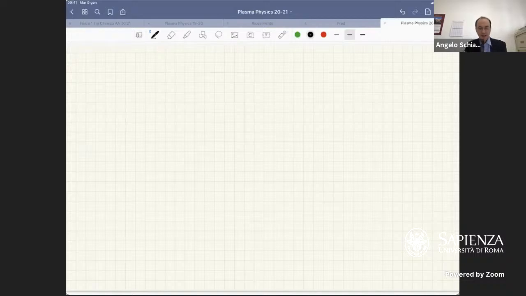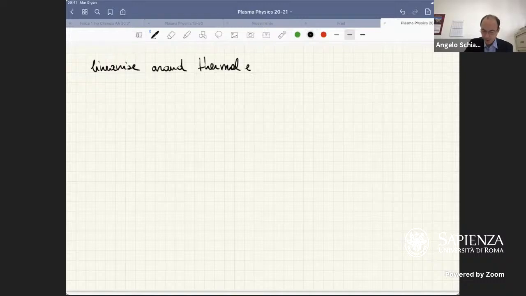What is our reference? We linearize around a thermal equilibrium state. So we suppose the plasma to be in thermal equilibrium.